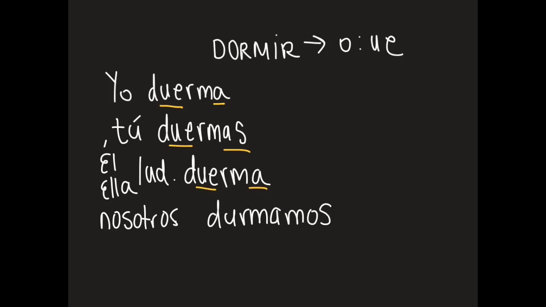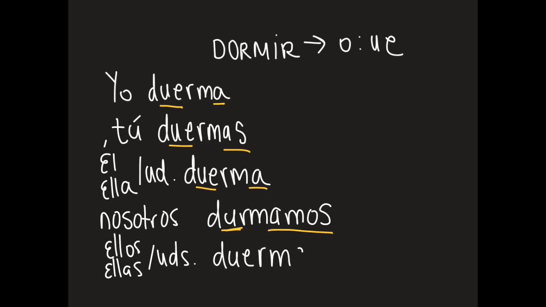So the same thing happens as with the verbs that change from e to ie. We only do half of a stem change. And then in the ellos, ellas, ustedes, we go back to duerman, the full stem change.